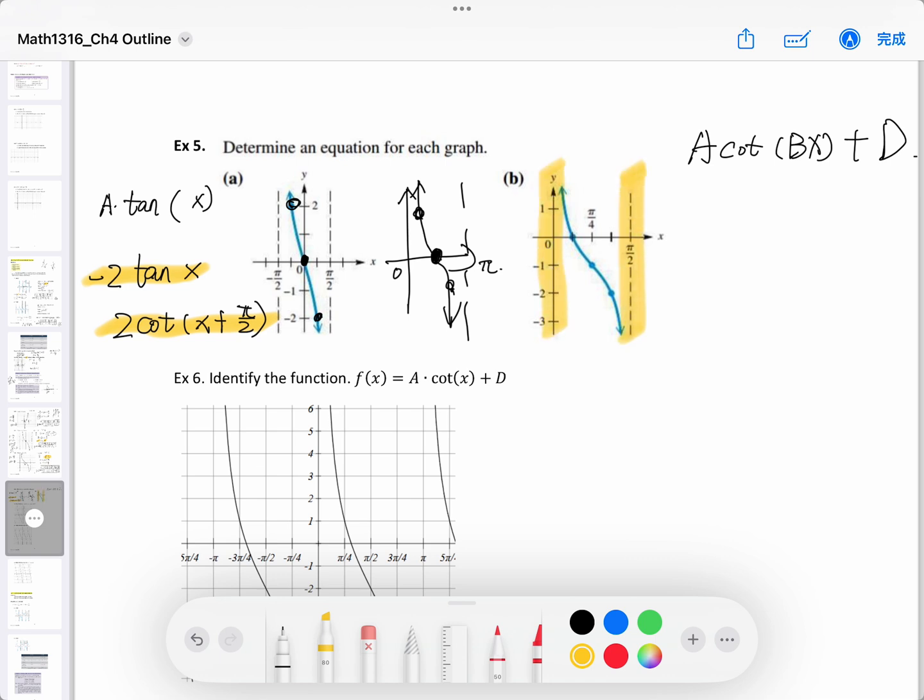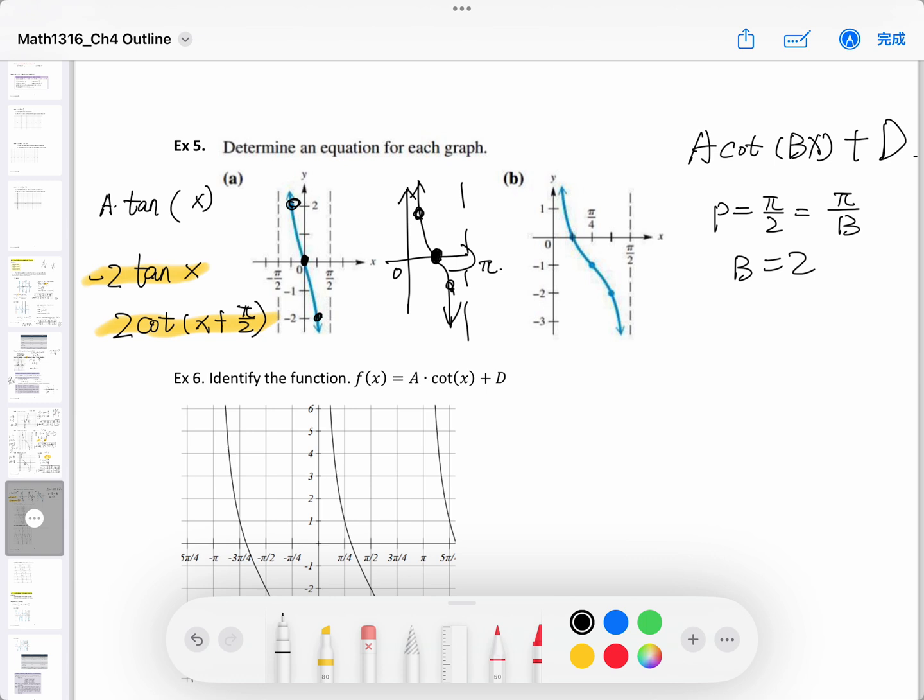Vertical asymptotes from 0 to pi over 2. This is one full cycle. That means my period is pi over 2. And then I learned the formula is pi over B. Oh, same top, then same bottom. B is equal to 2. Okay, I solved for B.